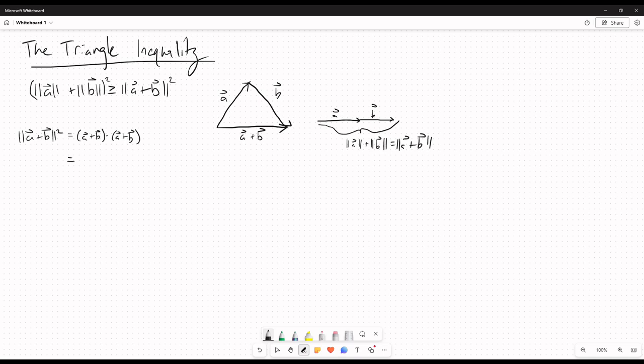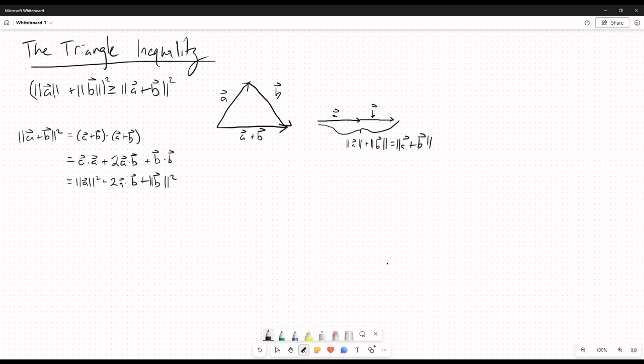So this is going to be a dot a plus, since the dot product is commutative, unlike the cross product, we're going to get 2 times a dot b plus b dot b, which ends up equaling the norm of a squared plus 2a dot b plus the norm of b squared. Okay.